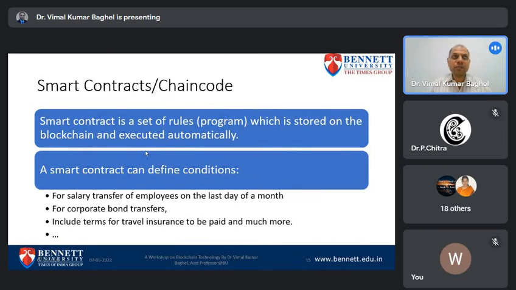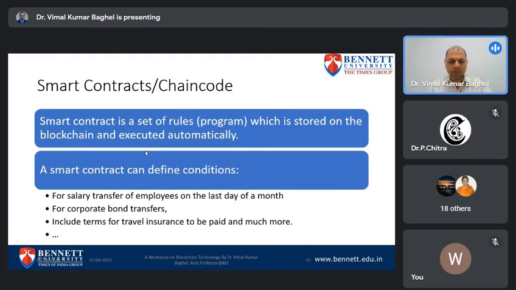That can be done on the basis of the smart contract, which consists of a program with a set of rules in terms of conditional statements, an if-then-else kind of system, and then that transaction is completed.